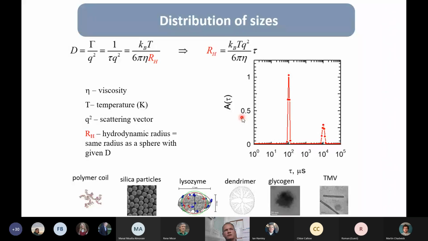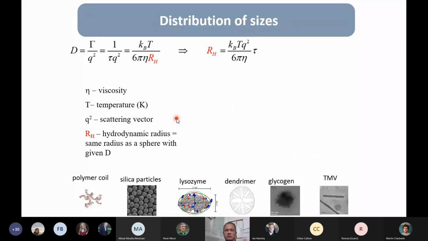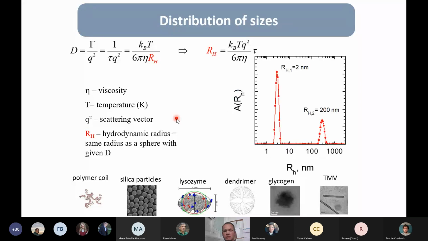Then your program will convert it from correlation times, from the characteristic time, to the hydrodynamic radius. But again, you never know if you are dealing with a polymeric coil or silica particles or lysozyme or dendrimer or glycogen or tobacco mosaic virus. The only value you will have from a DLS experiment is just diffusion.